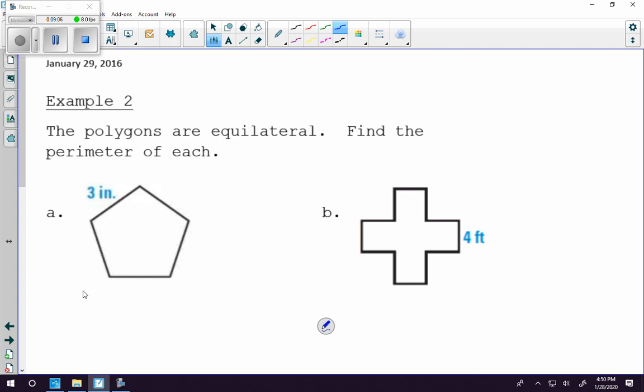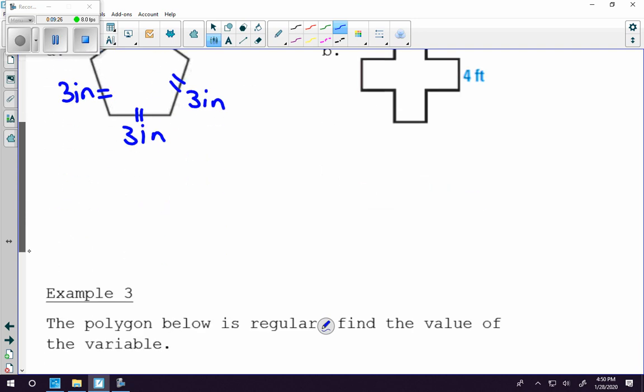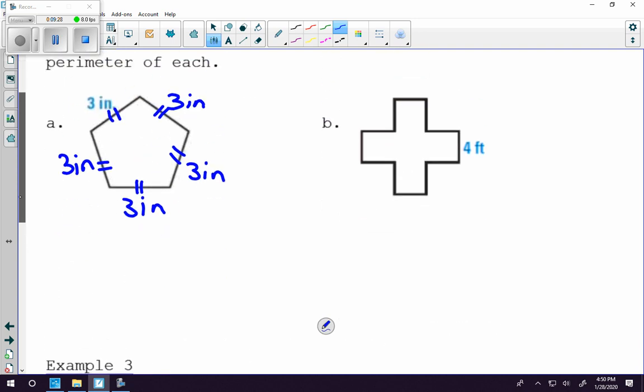Okay, so in example 2, it says that the polygons are equilateral, so you have to remember what equilateral means. It means that all the sides are congruent to each other. Therefore, all of these segments have to be 3 inches in length. Then once again, perimeter means find the sum or the distance around.